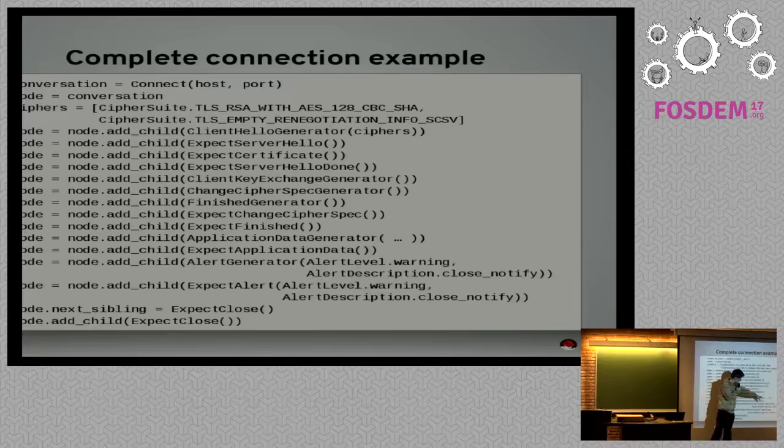Here it could be an HTTP GET or something like that, and then we can expect application data from the server. So on the TLS protocol fuzzer level, we can basically do HTTPS requests and stuff like that. And then we have a regular connection close.